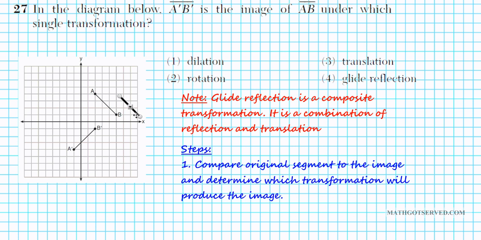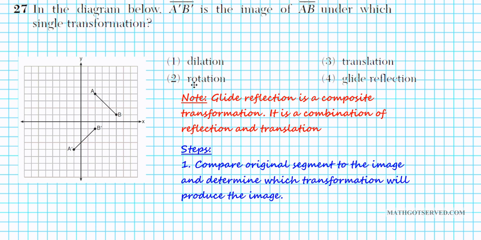That's the translation, vertical or horizontal. Now, can you get this image by just moving it up and down or side to side? The answer is no. So clearly this is not just a translation. There's something more going on here.